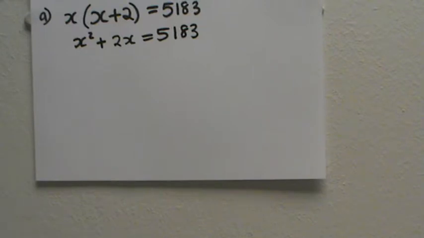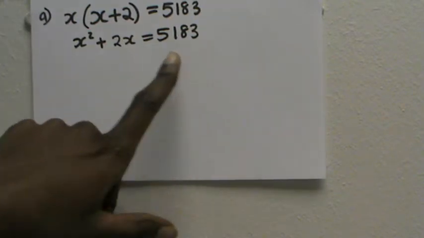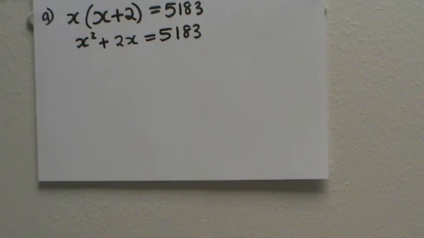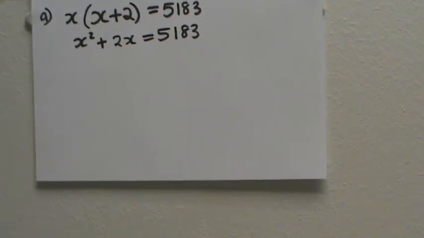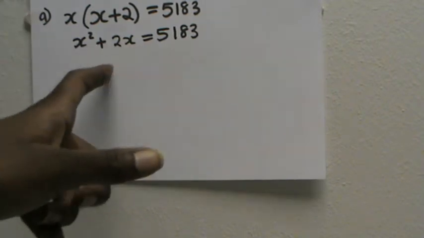It can be factorized, you can complete the square, or you can use the formula. Because the question is not specific, it is up to you to choose a method. I prefer to use completing the square because factorizing it might be a little bit tricky. I would take this to the other side, and then I have to think of two numbers that when I multiply them, the answer is 5,183, and when I add them, the answer should be 2.